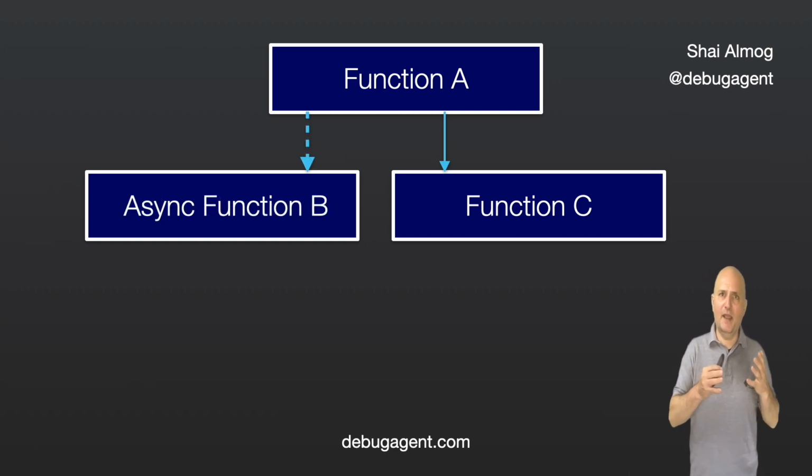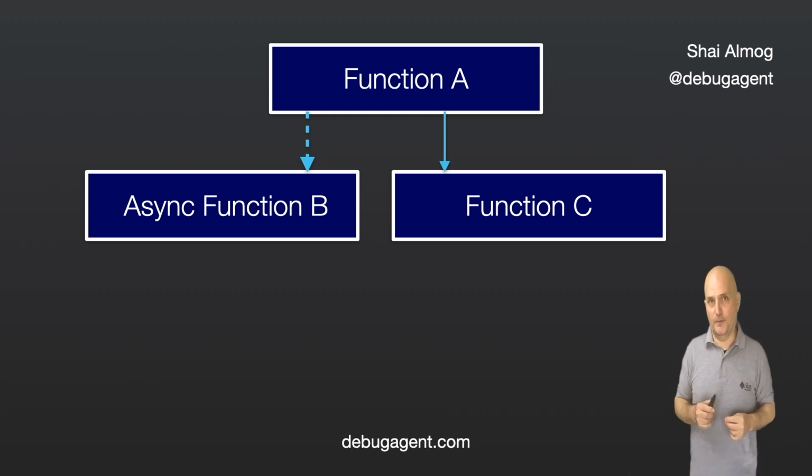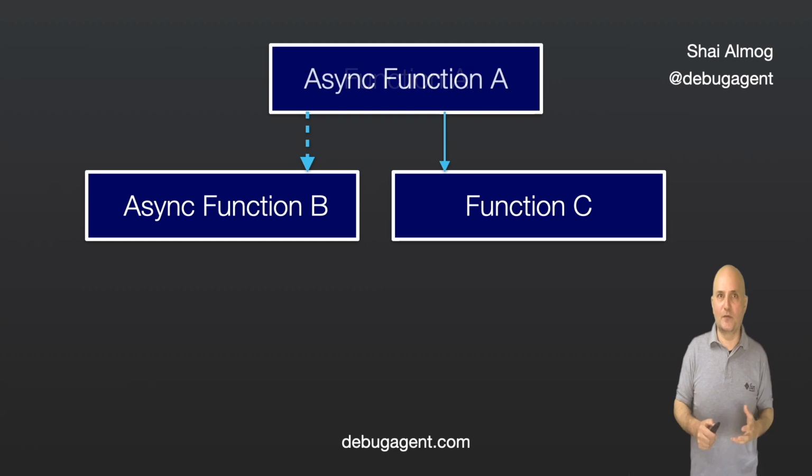When we call an async function, JavaScript returns immediately, before the function actually ran. So we don't have to wait for async function B as before. Function C starts running. Function B will run in the background. This is important for things like networking or reading a file, as these things can take a lot of time and we don't want to wait for them.